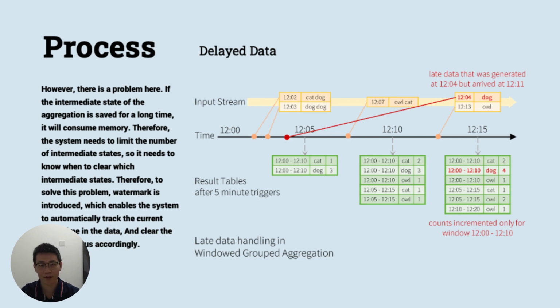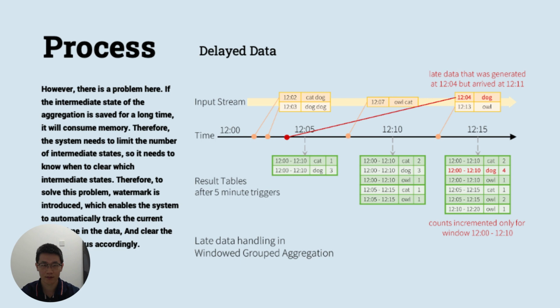When the next cycle happens at 12:10, the word owl appears in a different record. The window 12:05 to 12:15 is a new window, and the counts are updated accordingly. At 12:15, the record from 12:04 is processed.